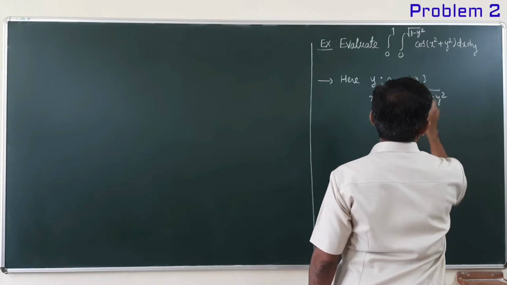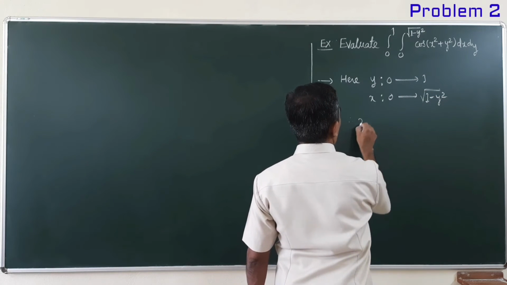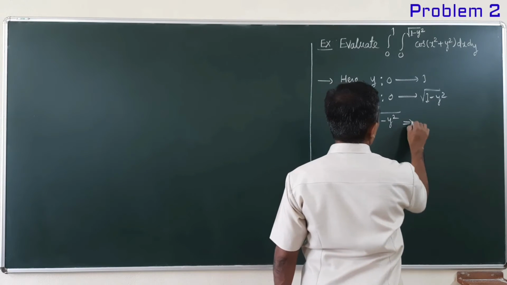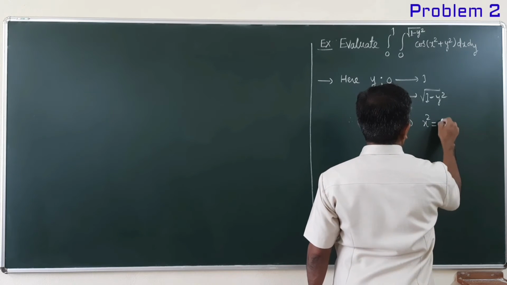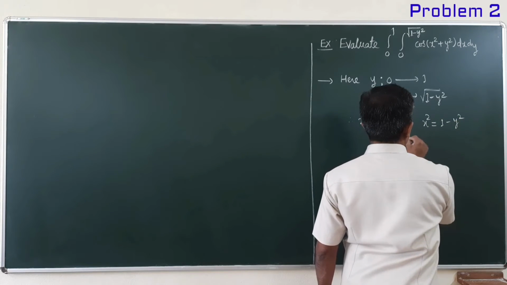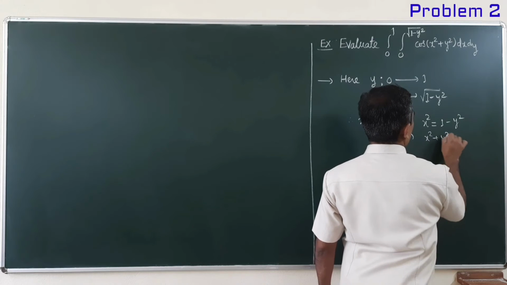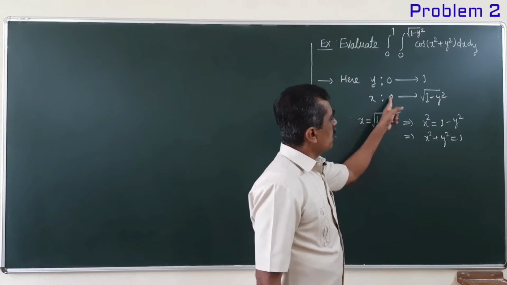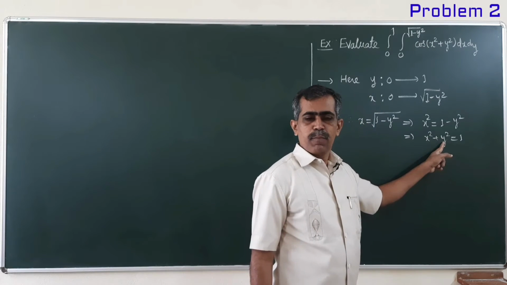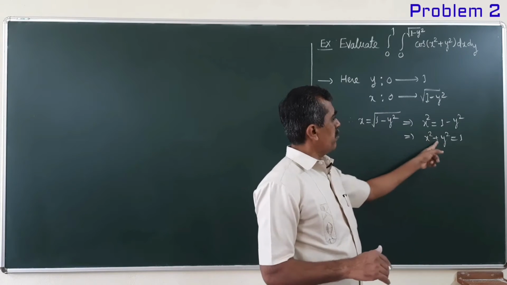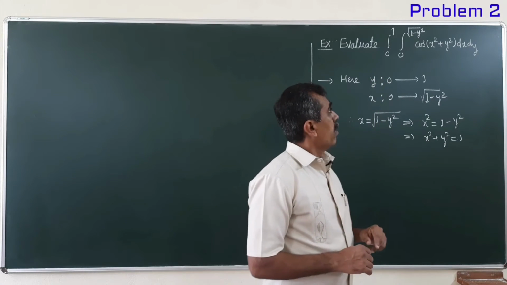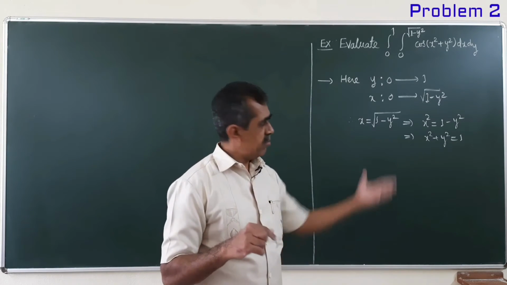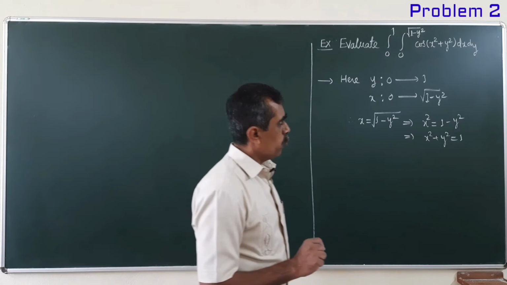Therefore x square = 1 minus y square, which implies x square plus y square = 1. So x runs from 0 up to the boundary of the circle. The domain of integration is part of this circle of radius 1, which is r = 1 in polar coordinates.